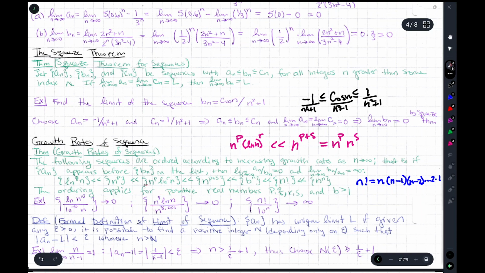Well, what about this guy? Here we have this basic form. Here we have p equal to 8 here, and natural log of n, r equal to 1. Well, here we have n to the 8 and n to the 8.001, and so this is like taking p equals 8 and s equal to 0.001. Up here, r is equal to 1. Regardless of r being greater than s, doesn't matter.